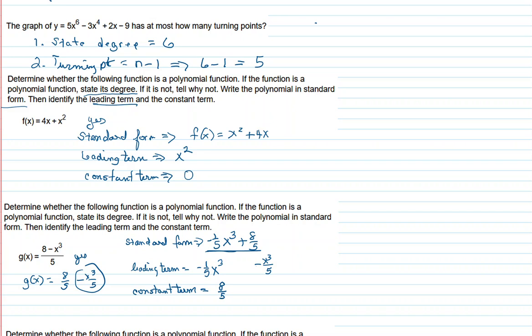And then we know that the possible turning points is given by the formula n minus 1. Well, what does n stand for? Yes, the degree of the function. And so whatever the degree is, we subtract 1 and we get the possible turning points.